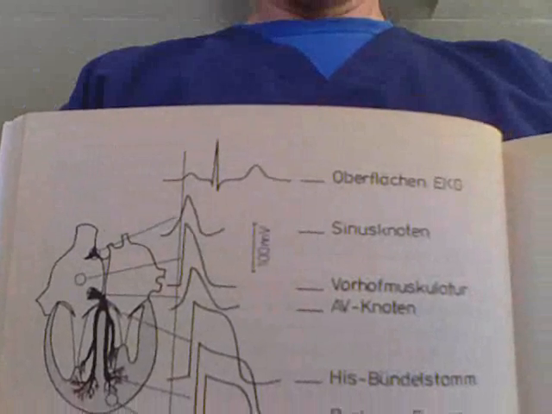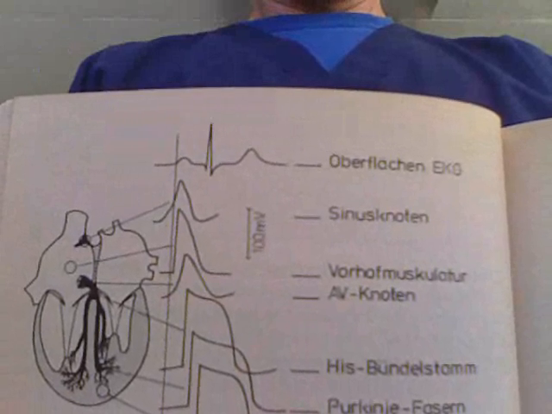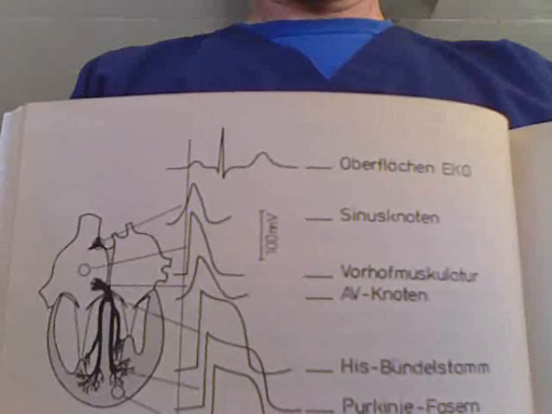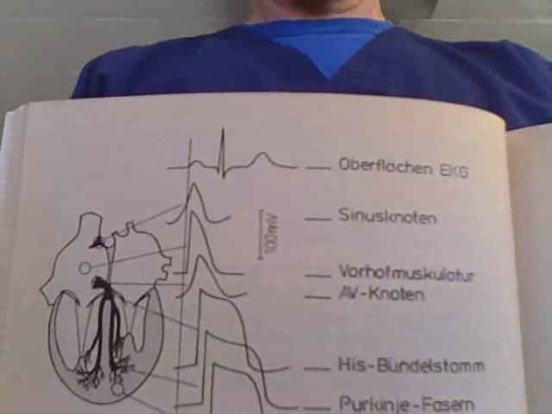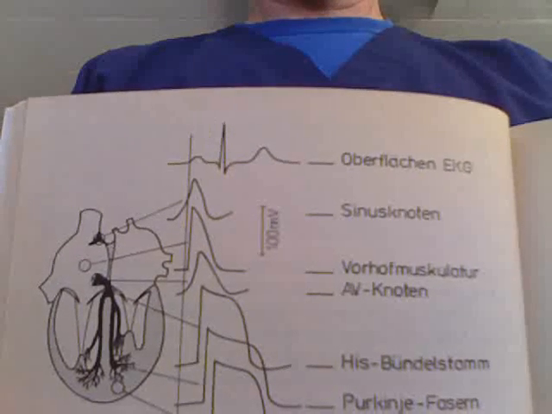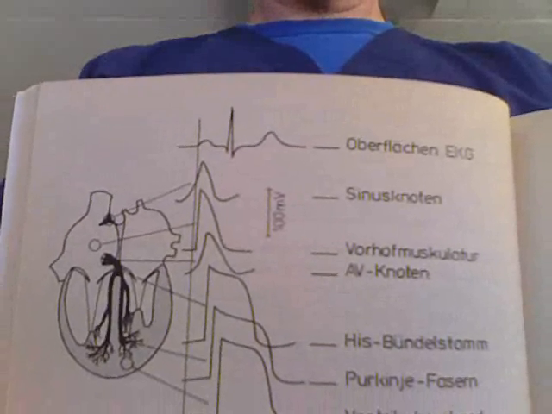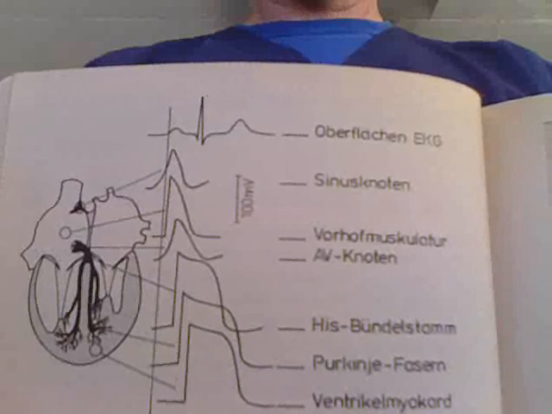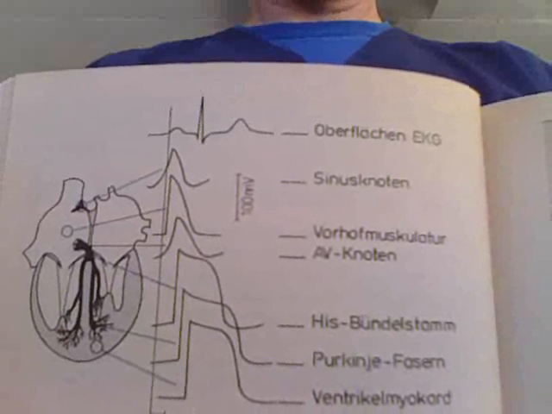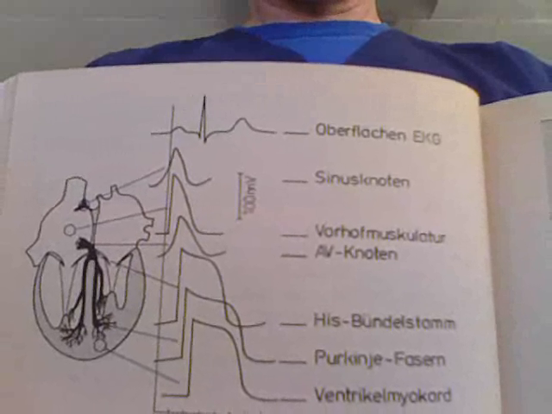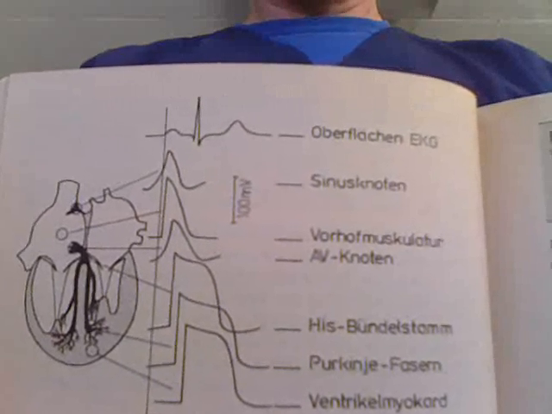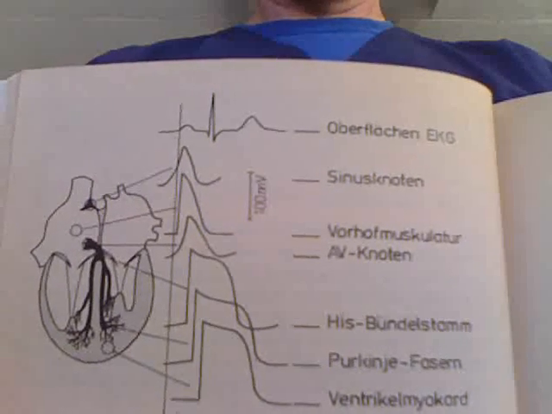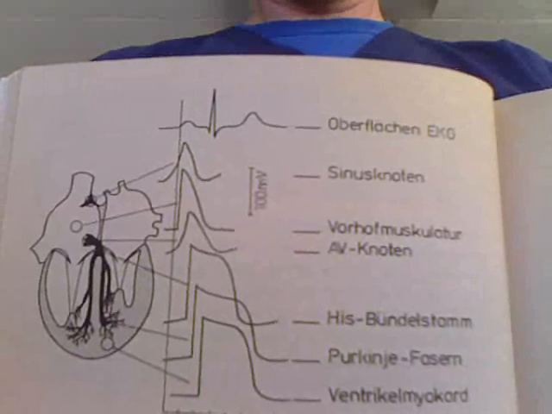Going down further, we have the AV Knoten, or the atrioventricular node, the AV node, which is at the juncture of the atria and the ventricles. Going down further, we have the His-Bündelstamm, the bundle of His, as it's called in English, and that is the spot that precedes the beginning of the bundle branches.